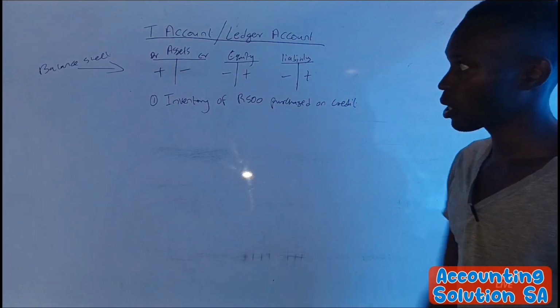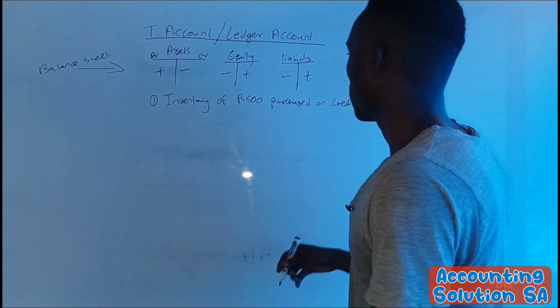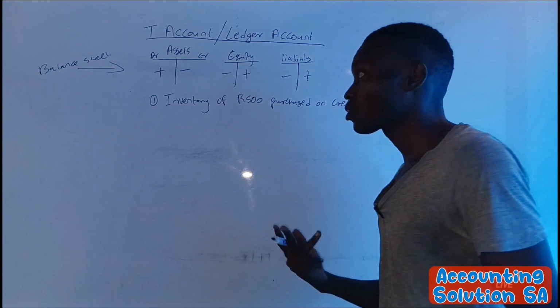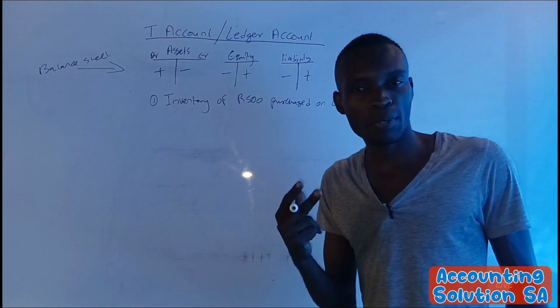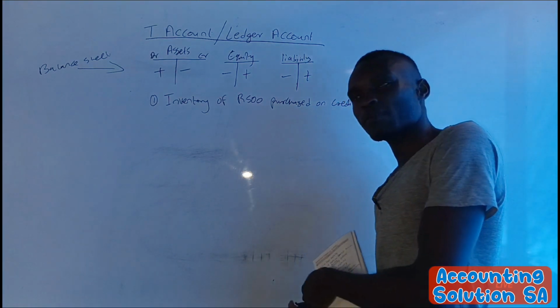Now we have to record it under our ledger account or T account. Very simple. Firstly, you have to identify two components, because in accounting we must have two components minimum, as one must be debited and one must be credited.